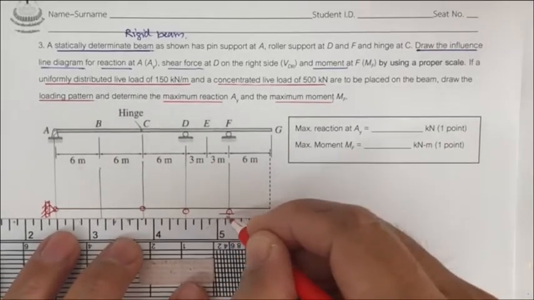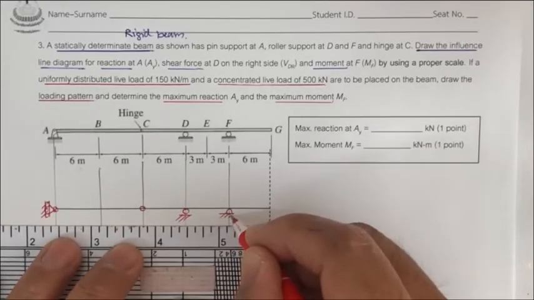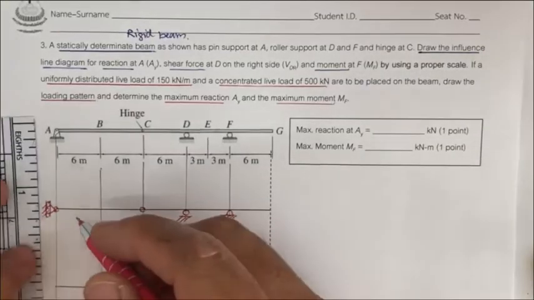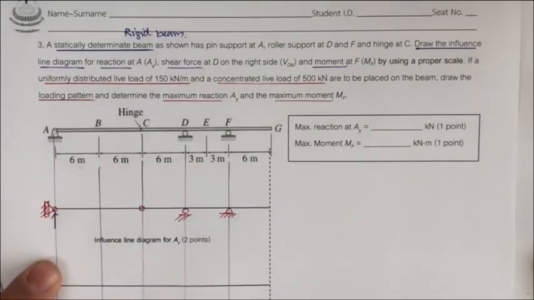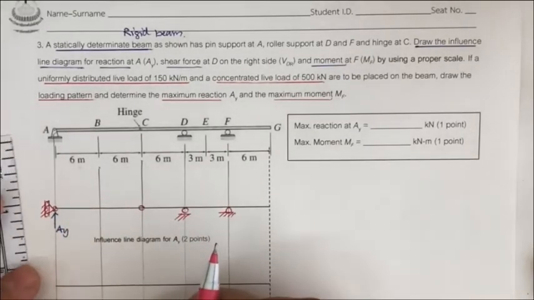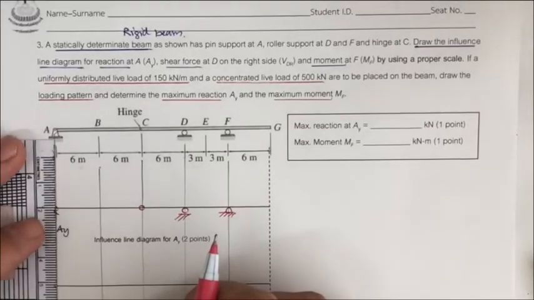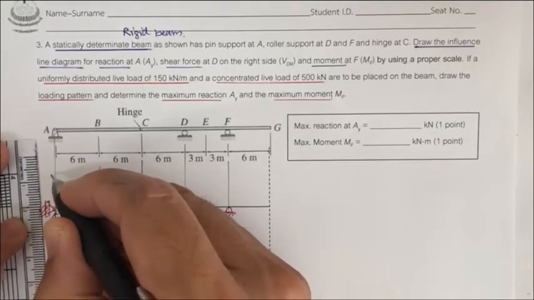Then if you'd like to make the movement of the beam, we have to push the beam with the reaction force A sub y, and then you move that point for 1 unit. That 1 unit is 1 centimeter. Okay, you will get this one.